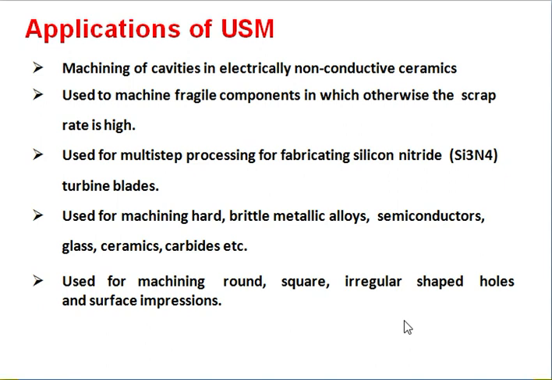You can also use it for machining hard, brittle metallic alloys, semiconductors, glass, ceramic, carbide, etc. And it is used for machining round, square, irregular shaped holes and surface impressions also.